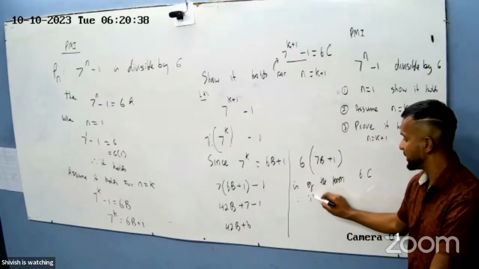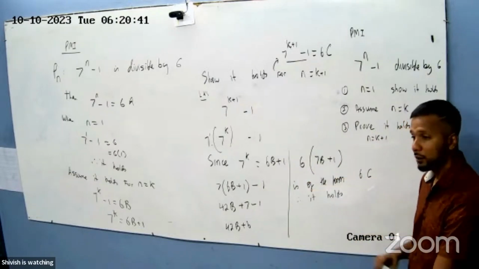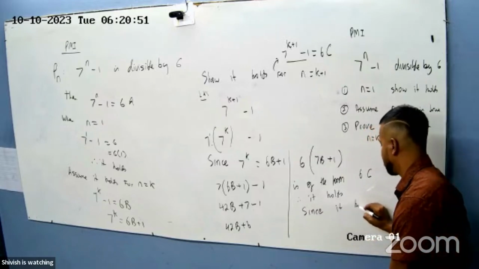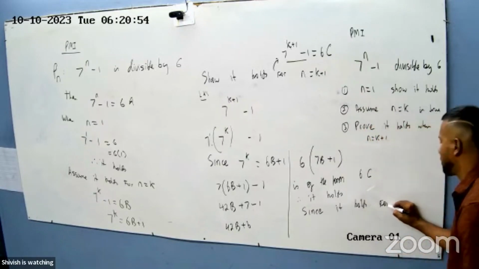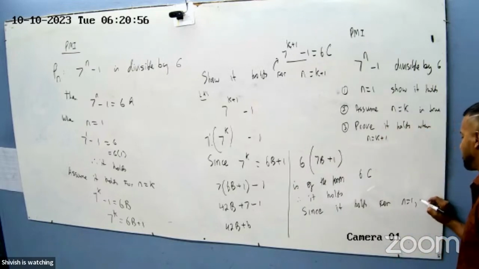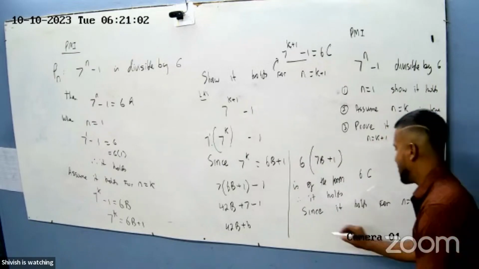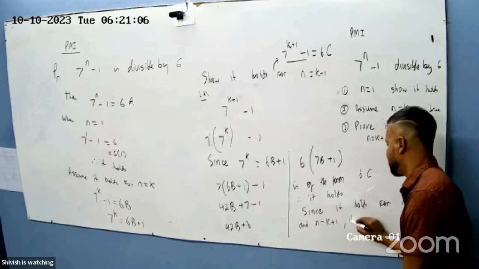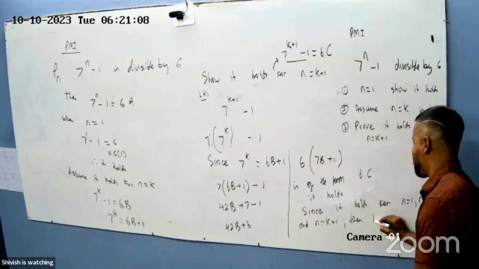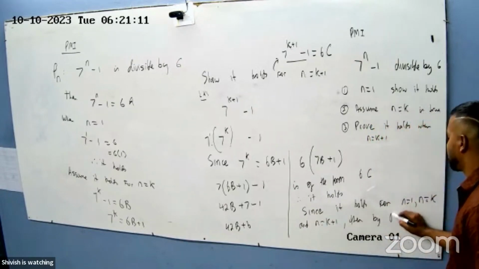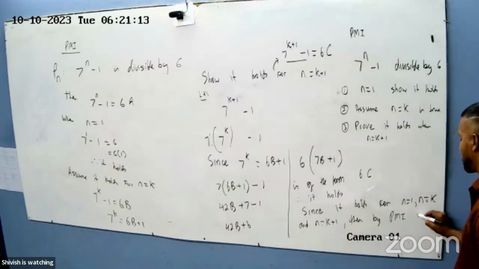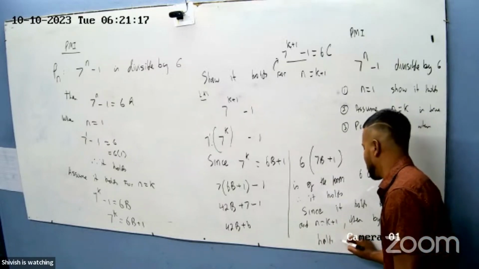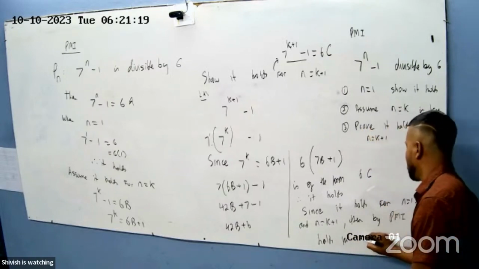But you still have one more line. The last line is: since it holds for n equal to 1, n equal to k, and n equal to k plus 1, then by proof by mathematical induction, it holds for all natural numbers.